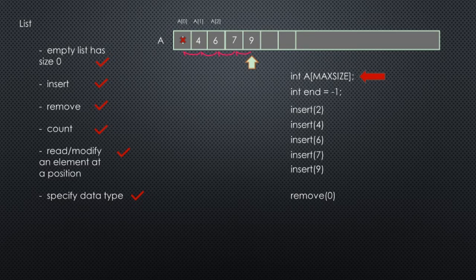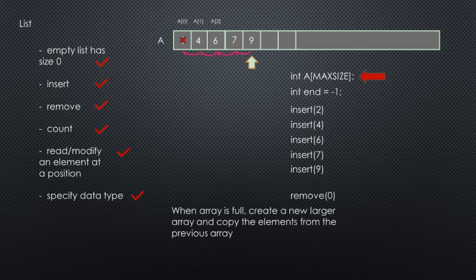We cannot extend an array. It is not possible to do so. We will have to create a new, larger array. So when the array is full, we will create a new larger array and then copy all of the elements from the previous array into the new array. And then we can free the memory from the previous array. Now the question is, how much do we increase the size of the new array?